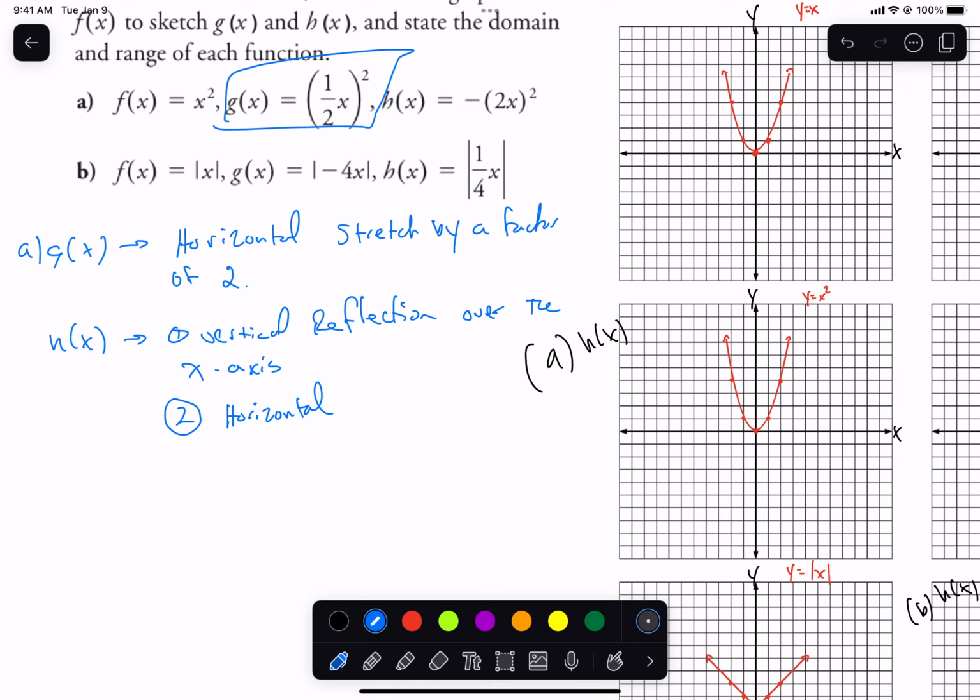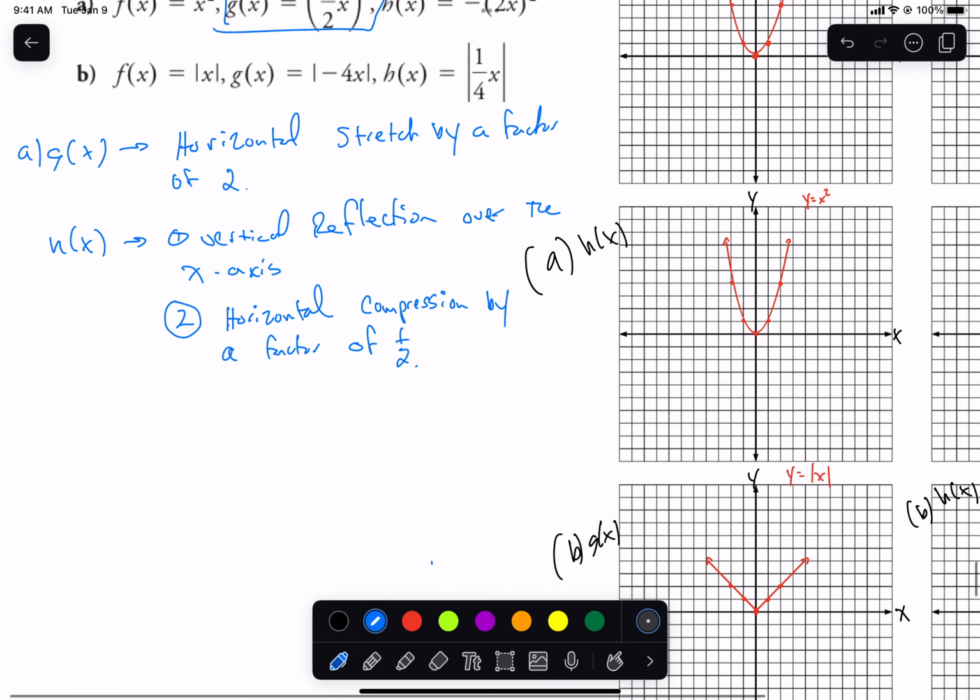So it's a horizontal compression this time by a factor of 1/2. So for h of x, the base graph is just going to get reflected vertically as well as compressed by a factor of 1/2 horizontally. We're going to flip it or reflect it, and then it will get compressed horizontally, which I think we can handle probably doing in one step.